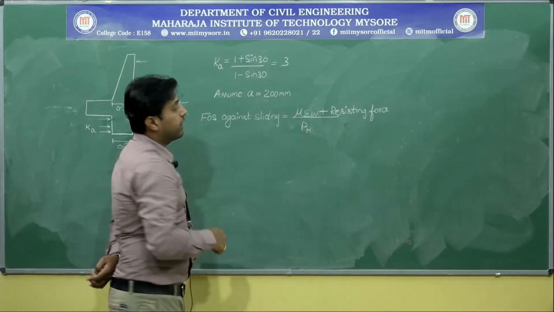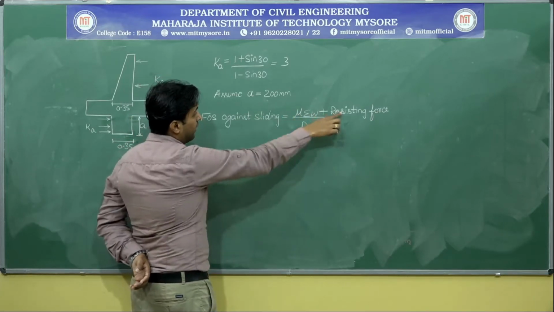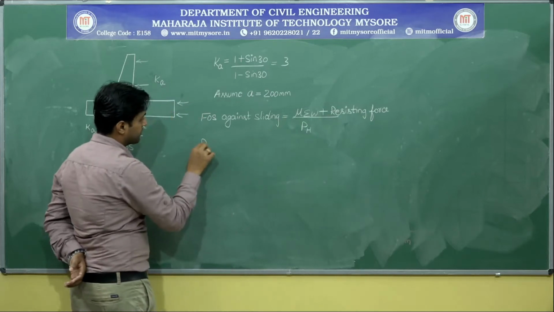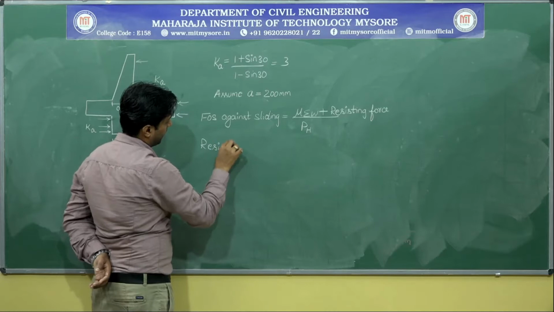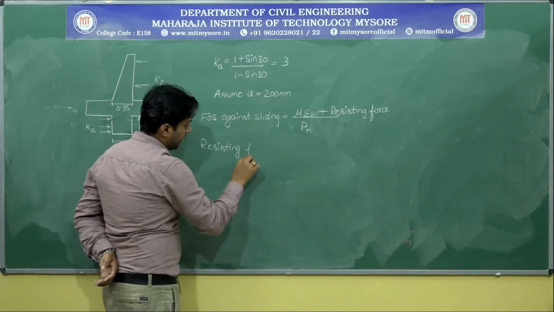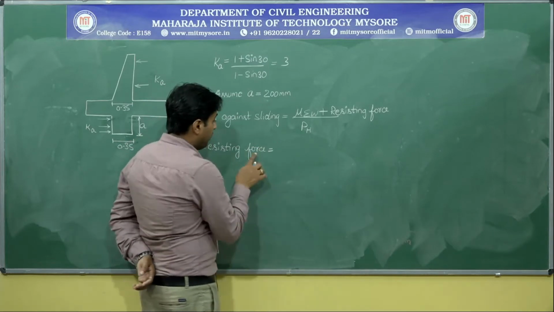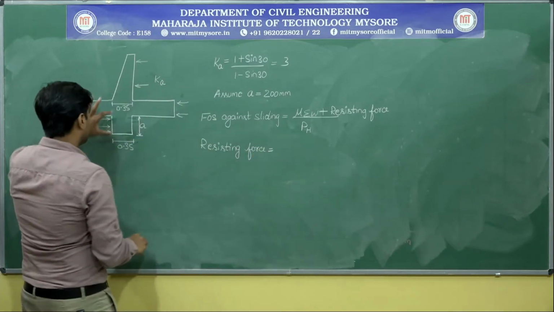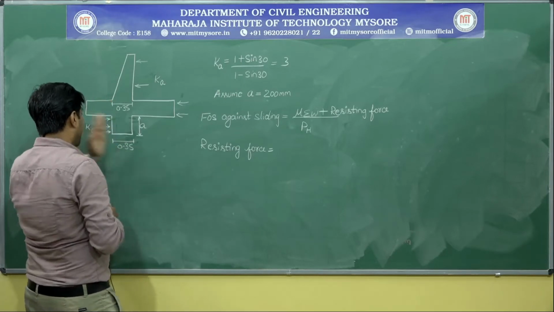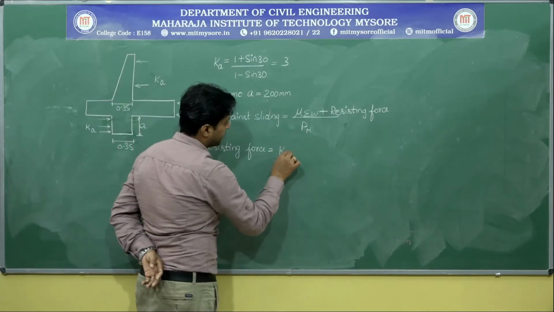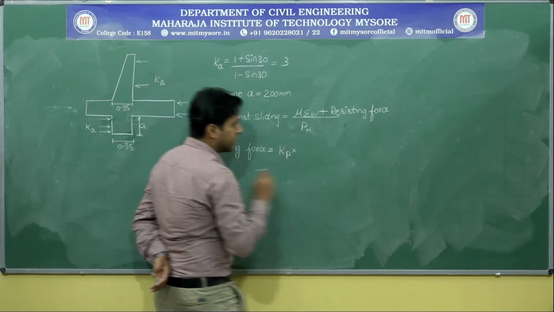Now what I need to do here is, I know the value of mu, sigma W, Ph and so on, I need to calculate the resisting force. The resisting force is due to the addition of the shear key. Due to the addition of the shear key, passive earth pressure comes into picture, so the coefficient of passive earth pressure Kp into this resisting force I need to take.